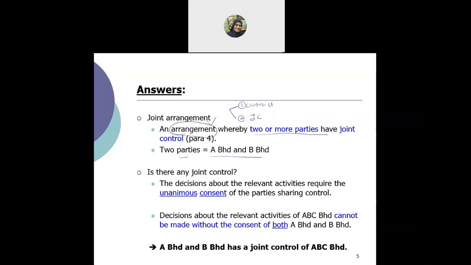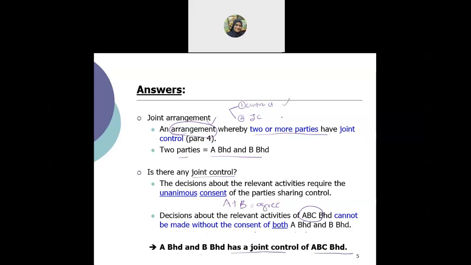The second one, joint control: decisions about the relevant activity require the unanimous consent of the parties sharing control. The decisions about relevant activities of ABC cannot be made without the consent of both A and B, so A and B should agree, then activity in ABC can proceed. So A and B have joint control of ABC, because of the two characteristics they fulfill.